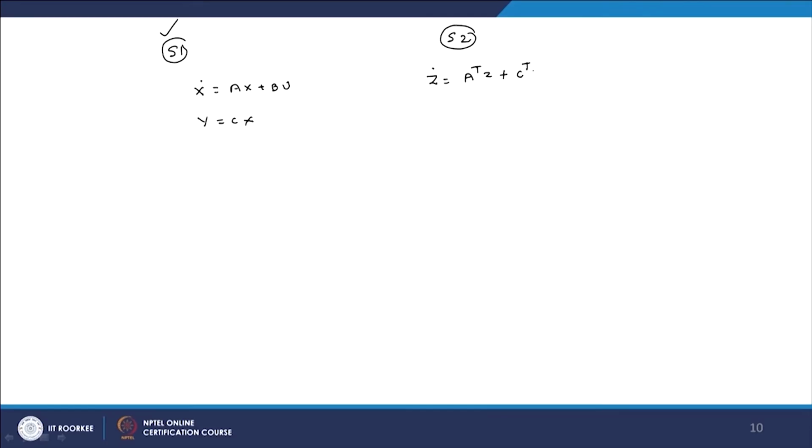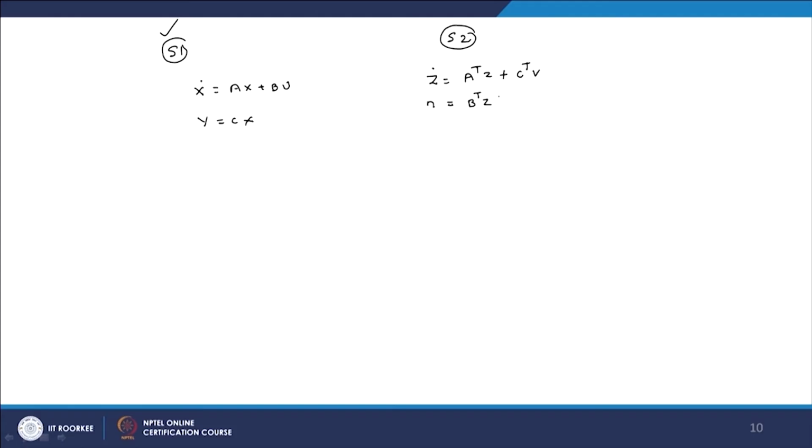Instead of x we can take V, and the output, let us say N, can be written as B transpose into Z. That means instead of B we got C, and instead of C we got B.